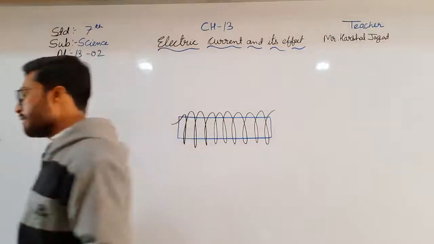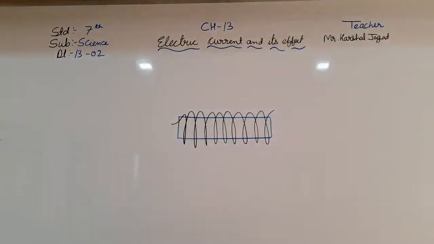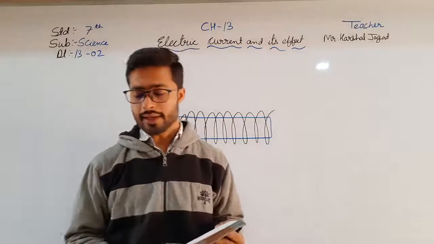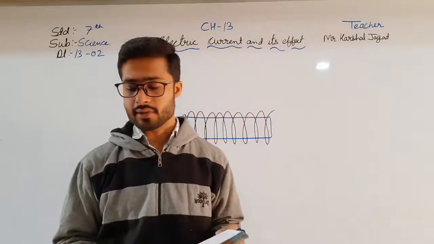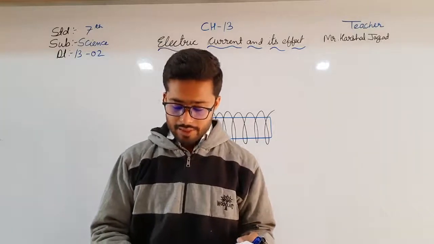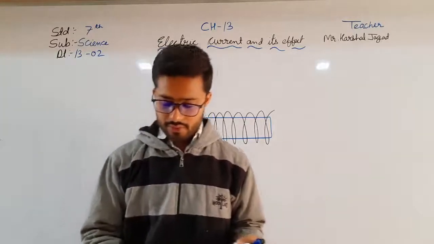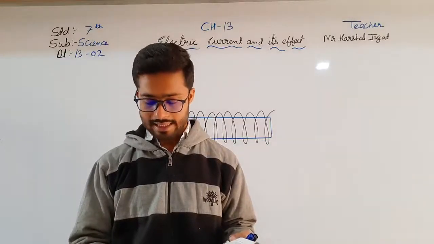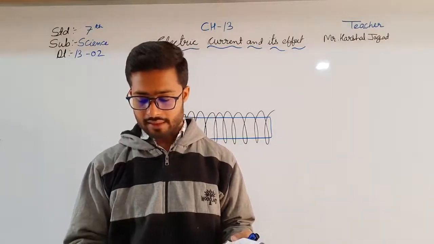Okay students, here I am reading it again. Electricity and magnetism are closely related. When an electric current passes through a wire, it produces a magnetic effect. The magnetic effect which you observed in the above activity can be increased if we make a tightly wound coil with the current carrying wire.